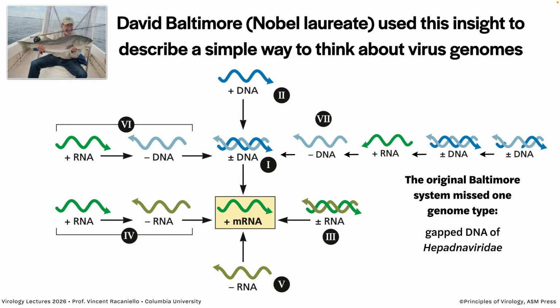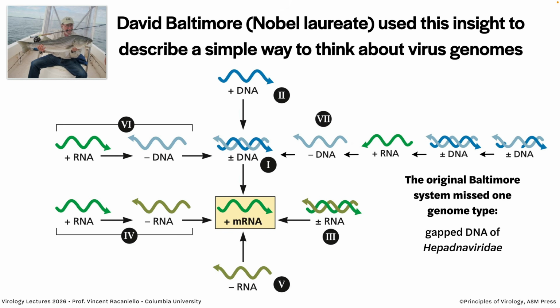Then we have RNA viruses, class 3, double-stranded RNA, both strands in a double helix. That genome cannot be directly translated because even though there's a plus strand, a messenger RNA strand in that double strand, the ribosomes can't access it.